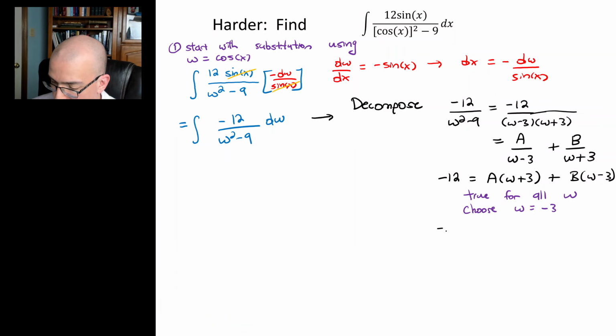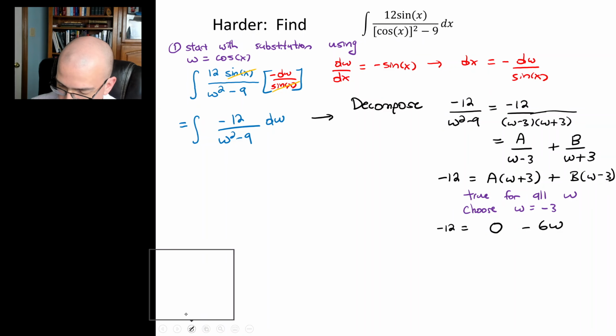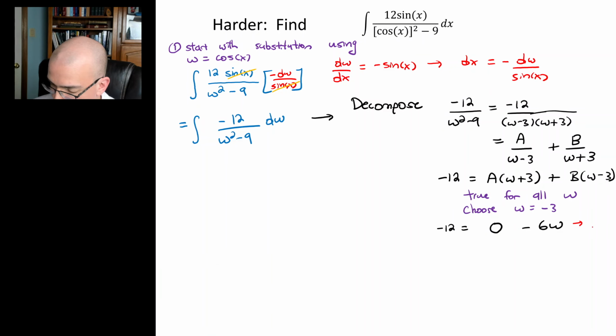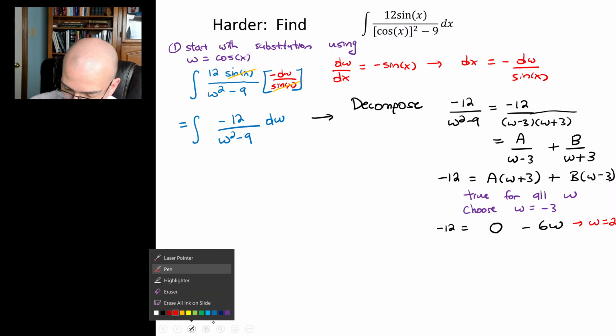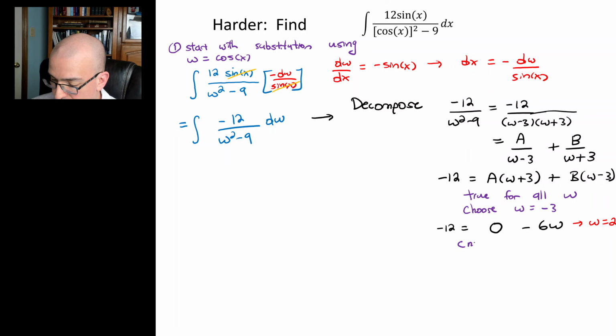So we have negative 12 is equal to 0 minus 6b. Divide both sides by negative 6, and b is equal to 2. We can go back and then choose a different w value. We'll choose w equal to plus 3, and that will make the second term disappear. So negative 12 is equal to 6a plus 0.